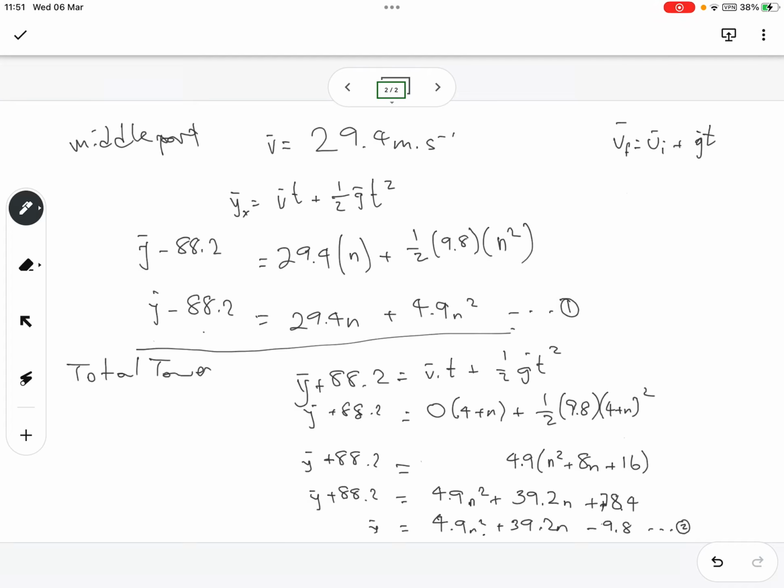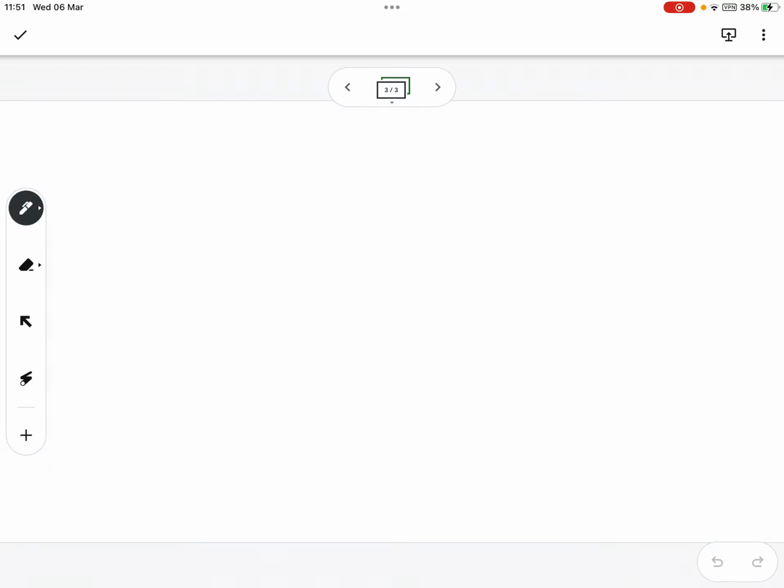So now we've got 4.9n squared plus 39.2n minus 9.8 minus 88.2 equals 29.4n plus 4.9n squared. Well, these two are equal, because if you take the additive inverse to the other side, it will give you 0.